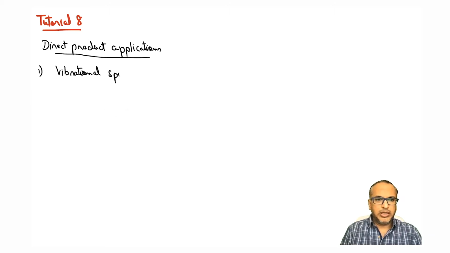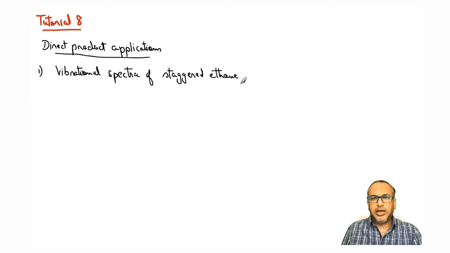We'll come back to it later. But let's say we are interested in recording vibrational spectra of staggered ethane, and another molecule, any other molecule with square pyramidal geometry.